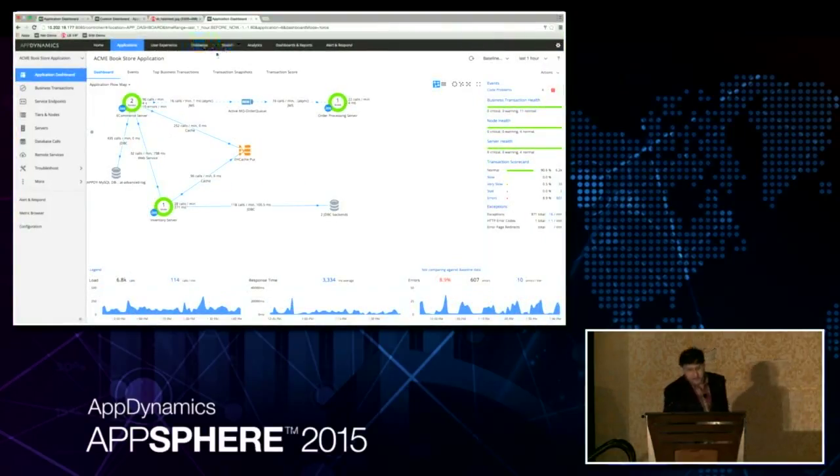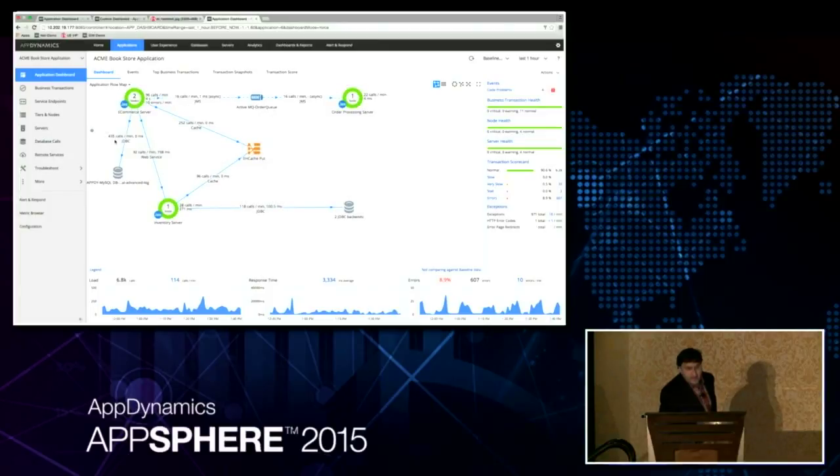All right, much better. It's the PowerPoint that's causing my problem. So this is the standard application flow map view.